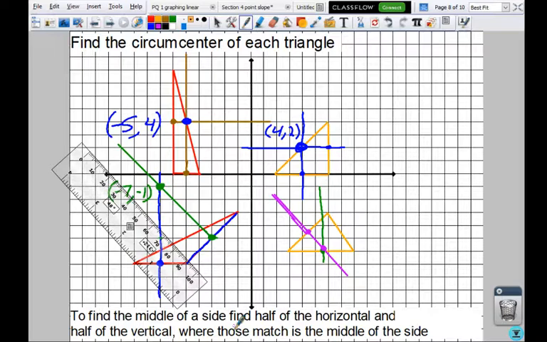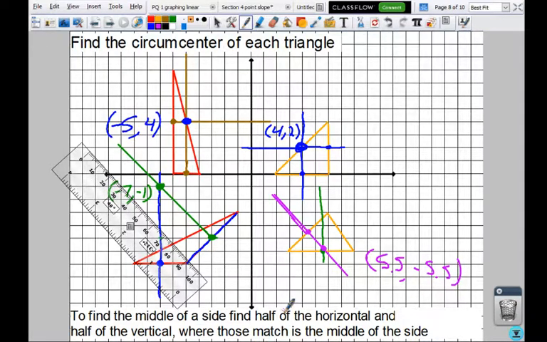So my circumcenter, I'm going to estimate my coordinate is about 1, 2, 3, 4, 5 and a half. I'm going to say 5.5, comma, then going down -1, -2, -3, -4, -5. I'm going to say -5.5. Even though it's not quite in the middle, I'm just going to estimate it like that.